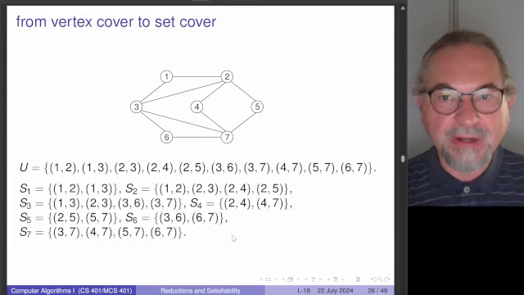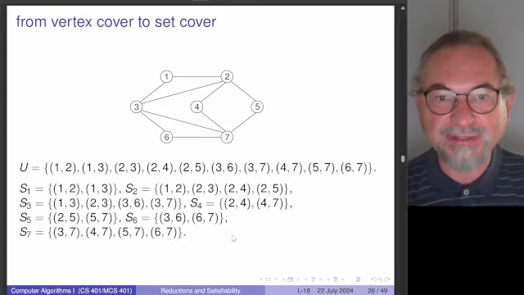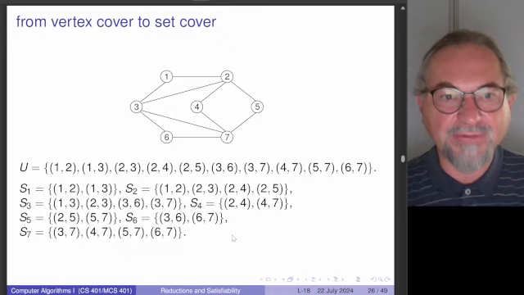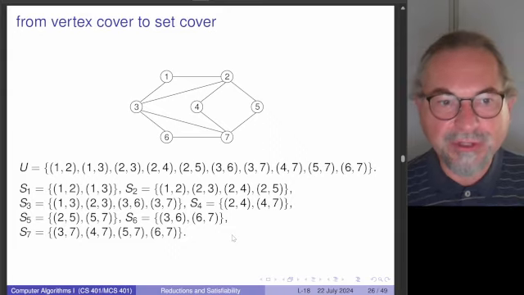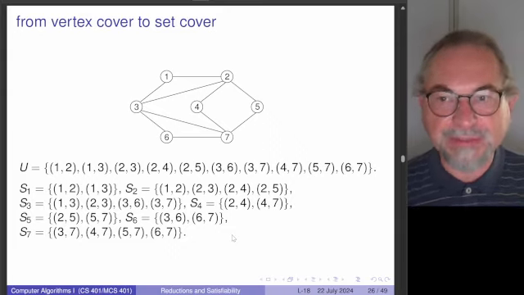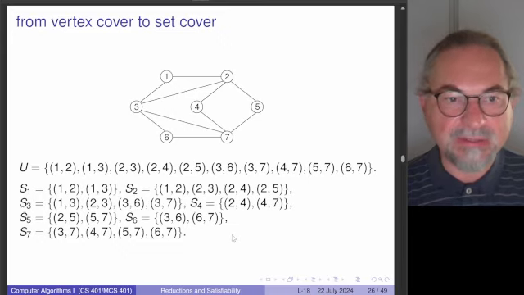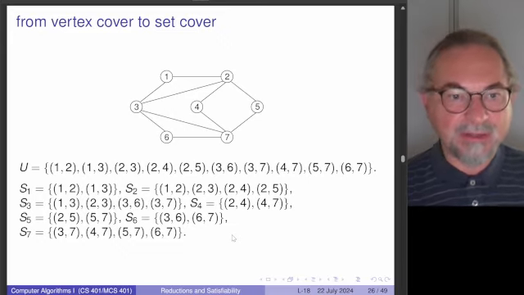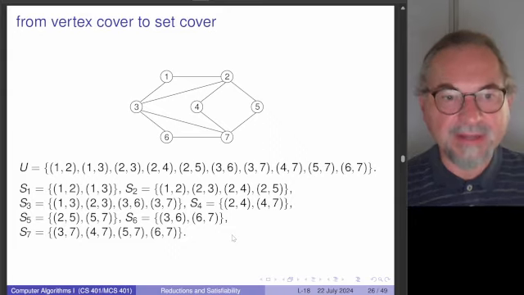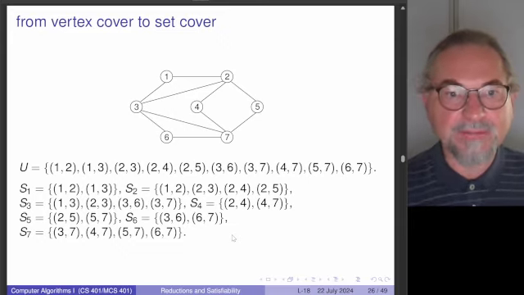I have my graph, the running example in this lecture, with 7 vertices. I have my edges, which are now denoted as the universe. And then I have all these subsets. You can see that S1 is the collection of all pairs where 1 is contained in one of the elements of the pairs.